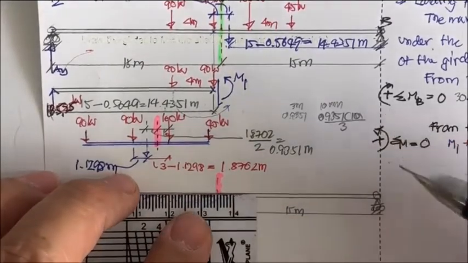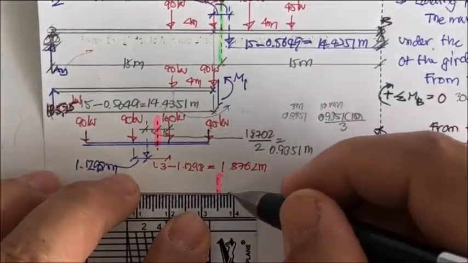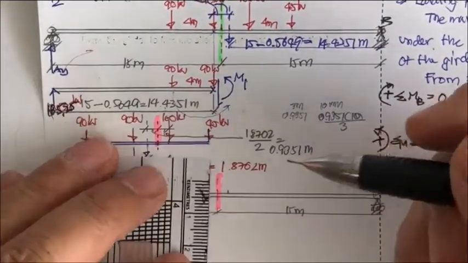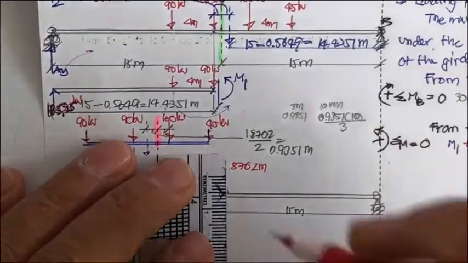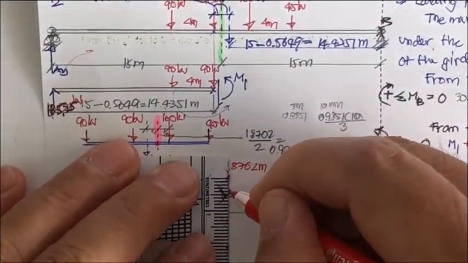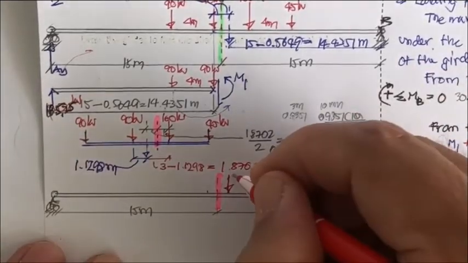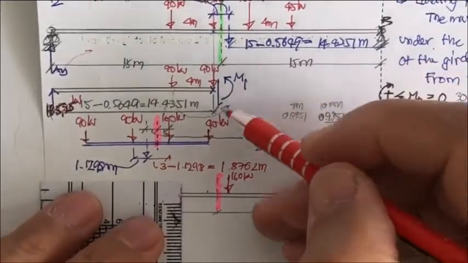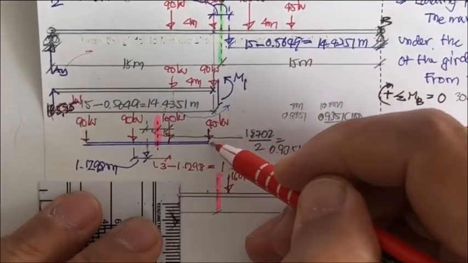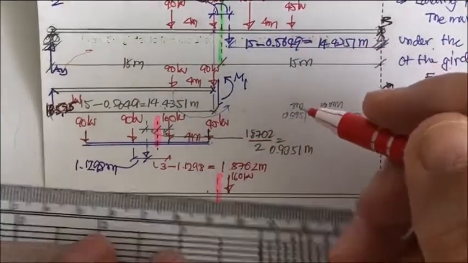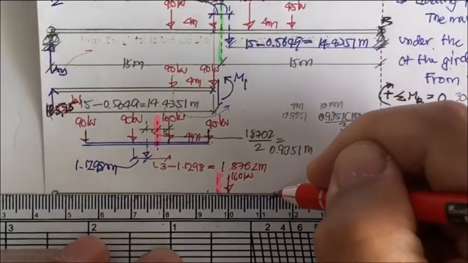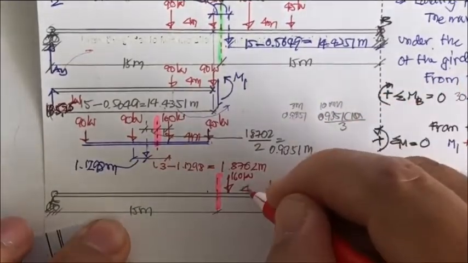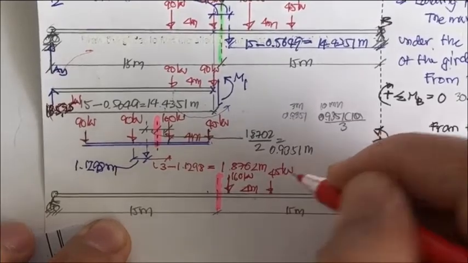So this is going to be 1, 2, and 3 millimeter. So you get this one for 160 kilonewton. Okay, this is going to be 160 kilonewton. And this one is here. You put this one for 4 meter, which is equivalent to about 13 millimeter. You get this one for 45 kilonewton.